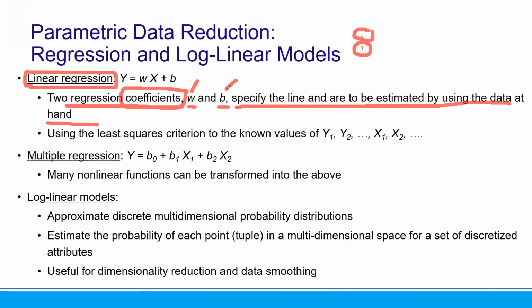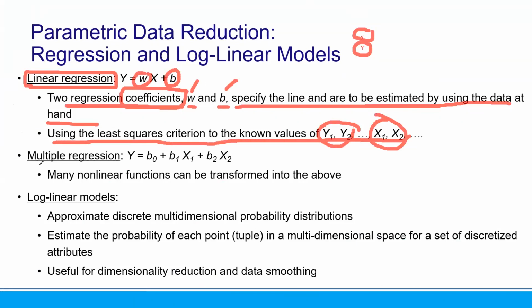So later we call it the linear regression model, and the model is having the weight in a particular value and b in a particular value. We will use least square criterion for estimating the y from the x.